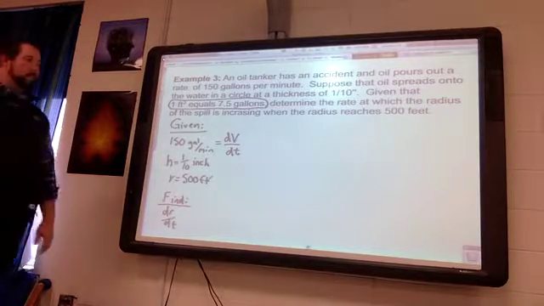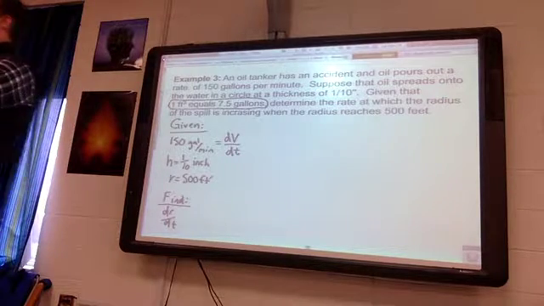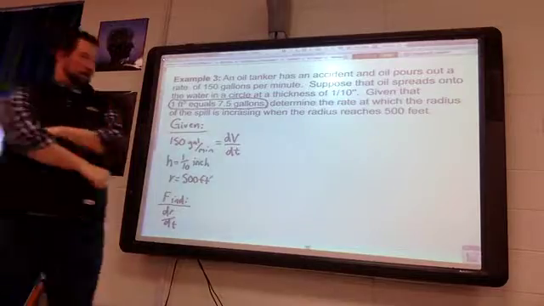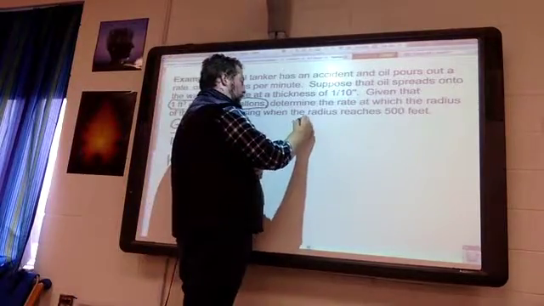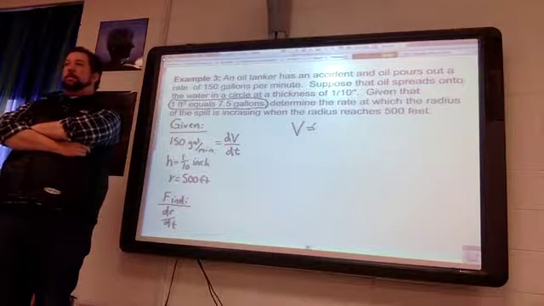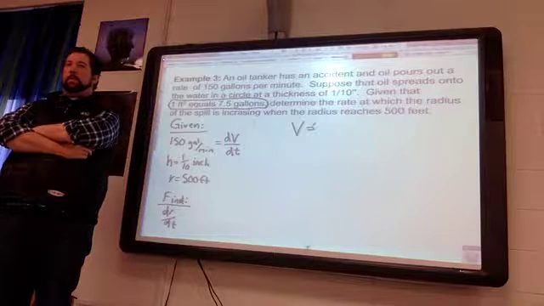Let's think about it. Is there some kind of equation we can get to relate all this stuff? It's going to be some kind of volume because we're talking about volume. They talk about circles too.